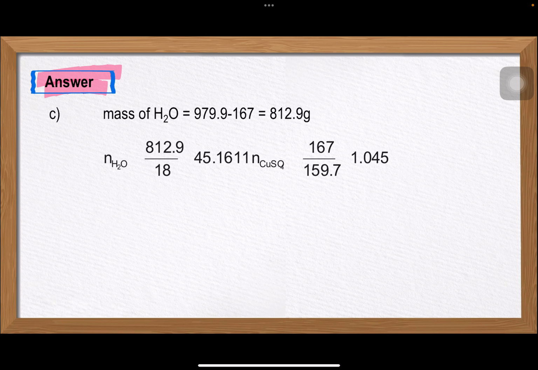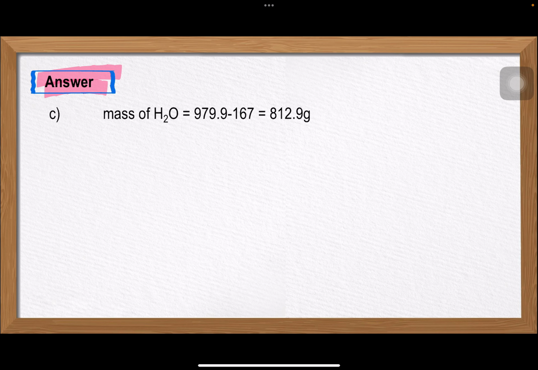C, mole fraction. So mole fraction for each component. What are the components of the solution? We have copper sulfate and H2O. For H2O, you can identify the solvent by subtracting the mass of solute from the mass of solution. Solvent is H2O.